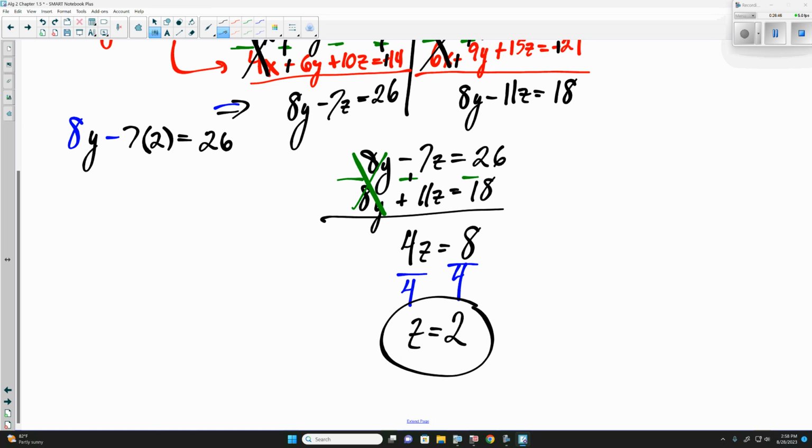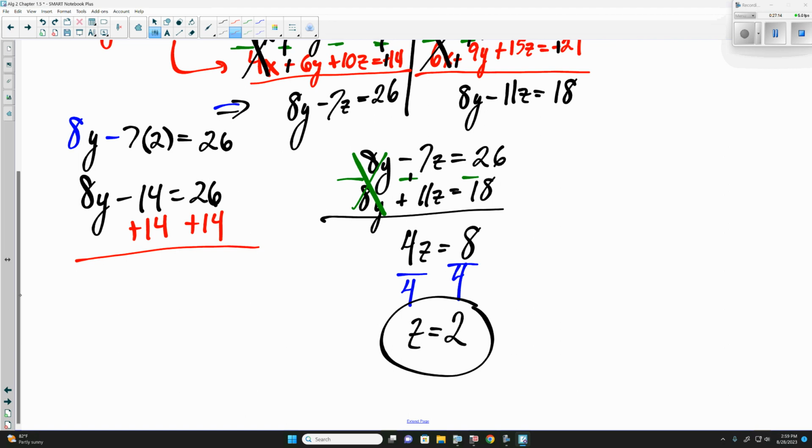Now we're going to solve for the value of y, because that's what I mean by go backwards. We're going back up the page. So we'd have 8y minus 14 is equal to 26. At this point we can, yes, because we do the opposite sign.